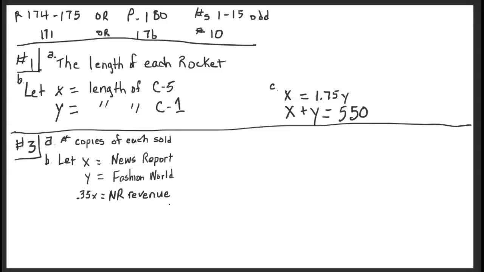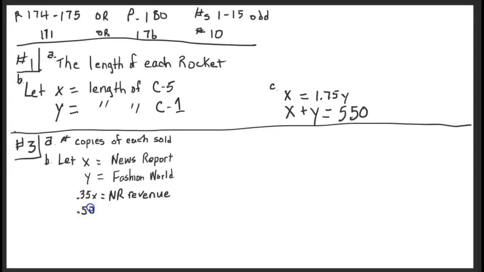For example, if this publishing company sold 1 News Report magazine, X would equal 1. 0.35X would equal 35 cents. That's the revenue they would have received from that one magazine. And so we can do the same thing with Fashion World, which obviously is a more sought after magazine, a magazine in higher demand.